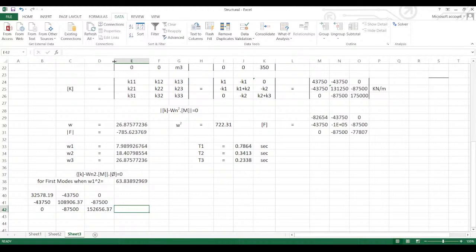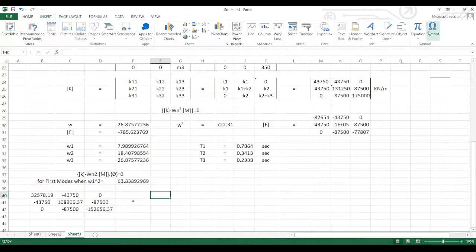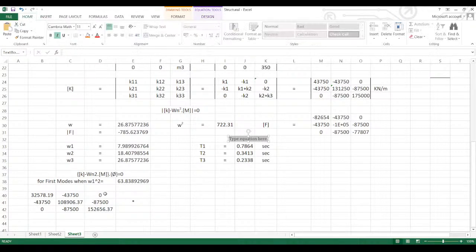This value and this value are multiplied with 511, 522 and 533.